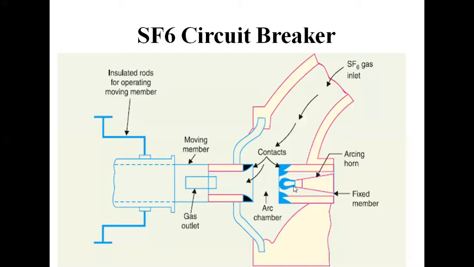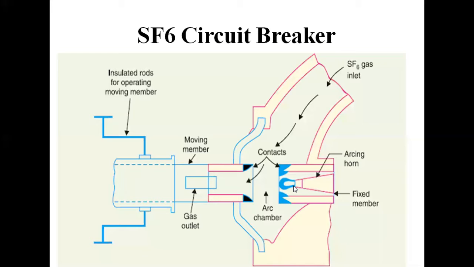The arc extinguishes and there is insulation between the moving contact and fixed contact. So SF6 gas absorbs the free electrons present between the moving contact and fixed contact, and thereby the arc is extinguished and my circuit is disconnected during short circuit. This is the basic principle of working of the SF6 circuit breaker.